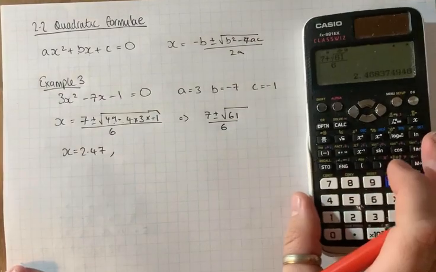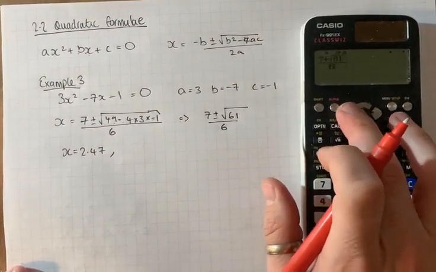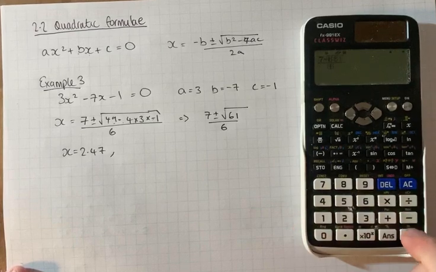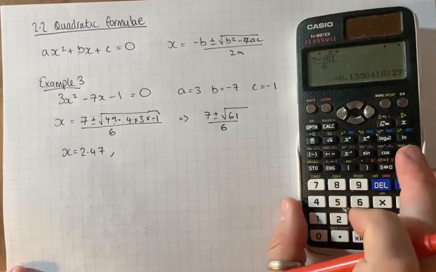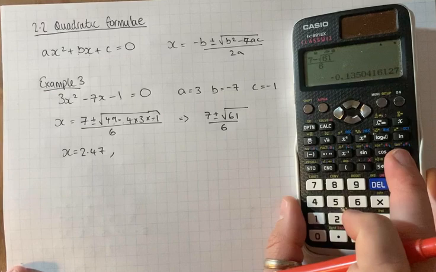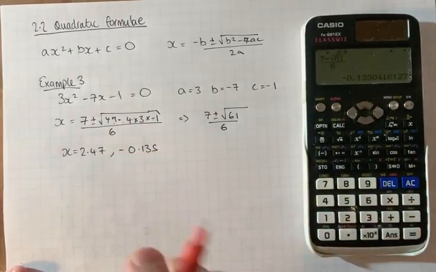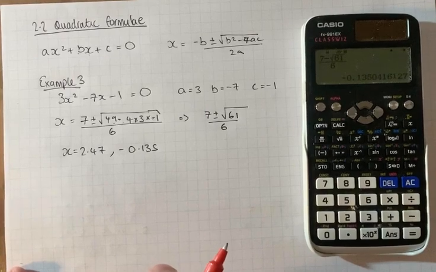For the second solution, rather than typing it out again, just use the back arrow, delete that plus, change it from plus to minus: minus 0.135. So that's all solutions to 3 sig figs.